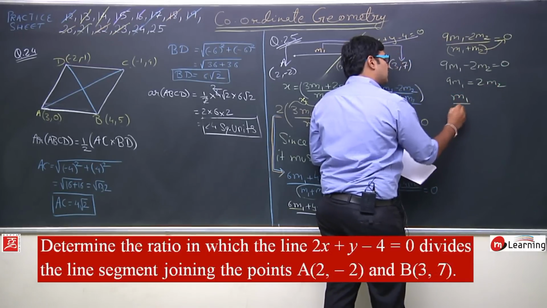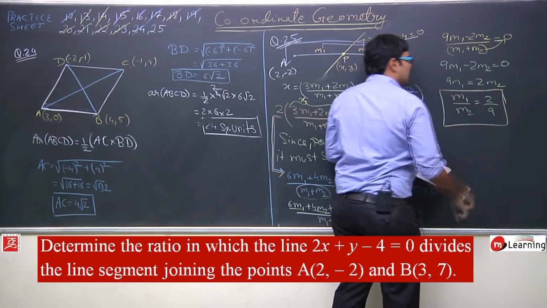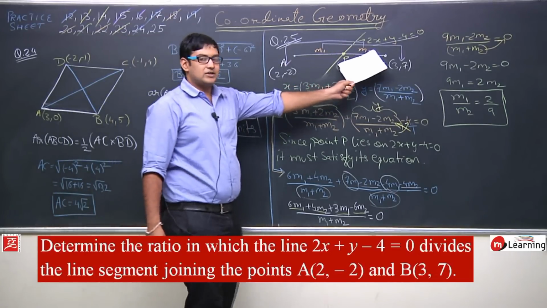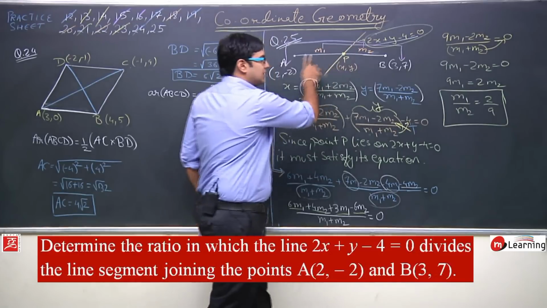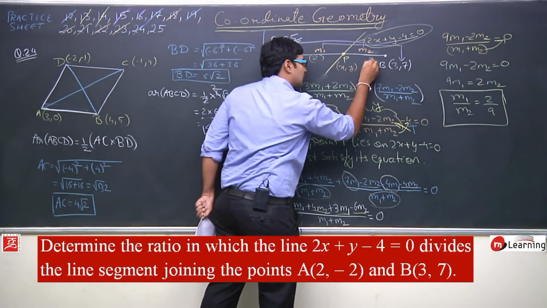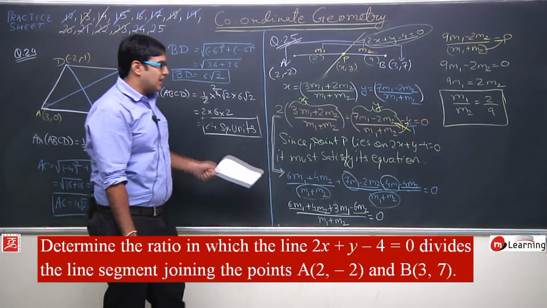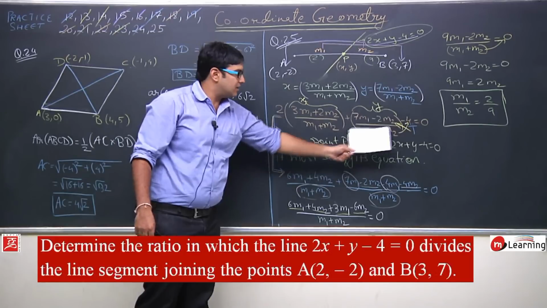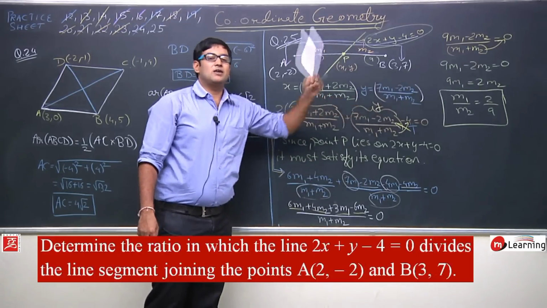When you rearrange it, you will get m1 upon m2 equals 2 upon 9. So this is the ratio in which this line segment is divided by this line. This line divided this line segment in the ratio 2:9. And how did we find this? We found the coordinates of point P and made it satisfy this line, equal to 0, and by satisfying it we get this condition.